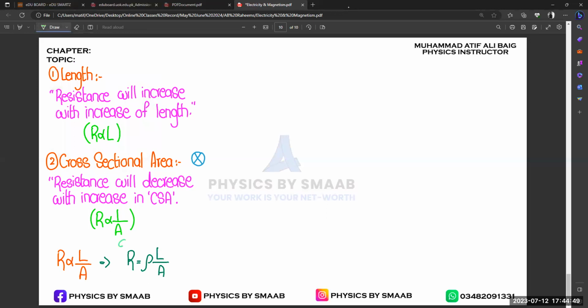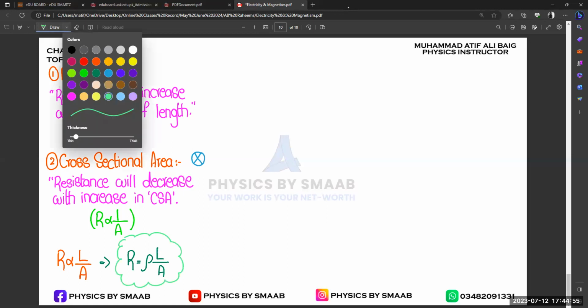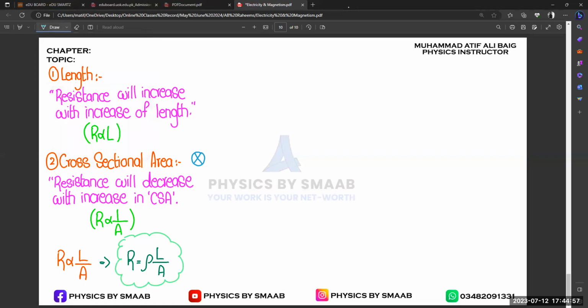So this is your final conclusion of the factors affecting resistance, right? And I will explain the concept of this rho symbol. Basically, this is the symbol for resistivity.